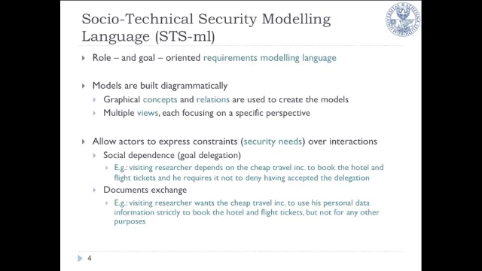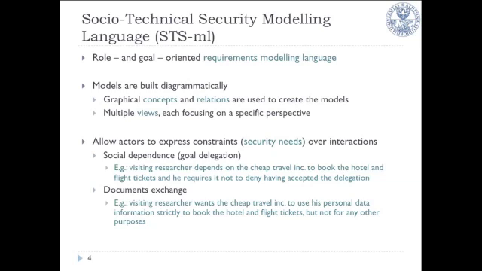So for instance, as I said, we have these two main forms of interaction: social dependence, which comes in the form of goal delegation. So for instance, when the visiting researcher depends on the travel agency to book the hotel and the flight tickets to come all the way here, he might require the travel agency to not deny having accepted the delegation.